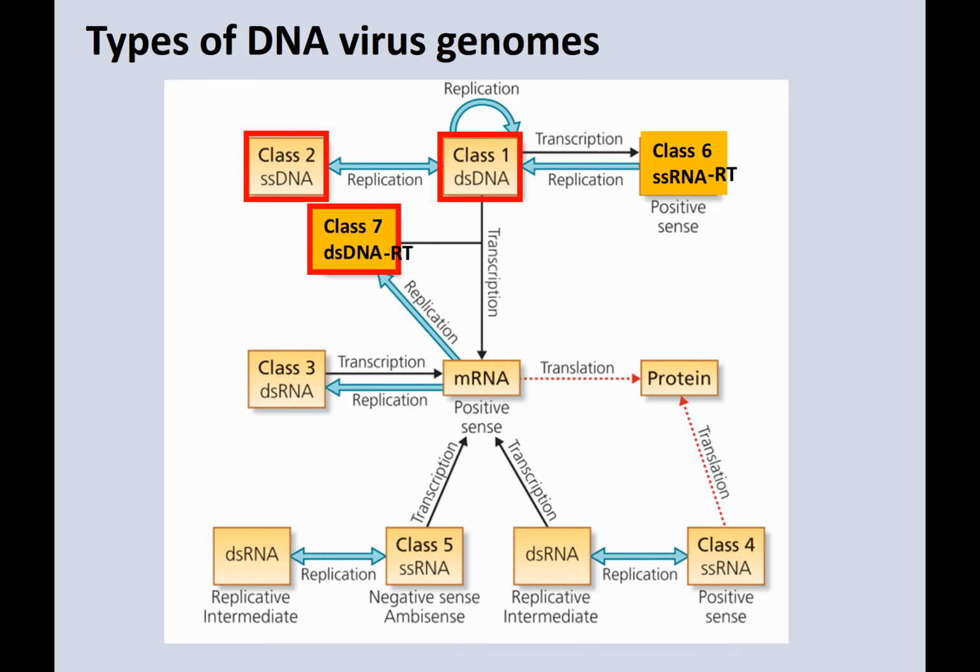All right, so there are 3 classes of DNA viruses, and I'm just going to make a note because I realized this is a bad slide. Please, please, please put Baltimore classifications in Roman numerals.